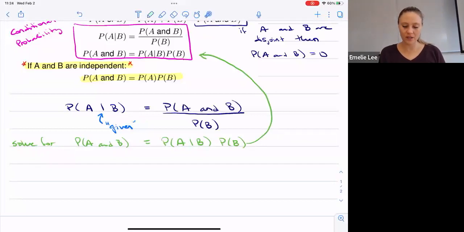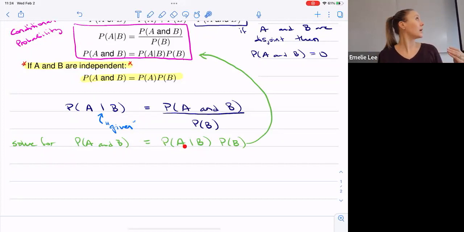If we think back to what it means for A and B to be independent, it means the probability of A doesn't rely on B happening or not happening. That's what makes them independent.